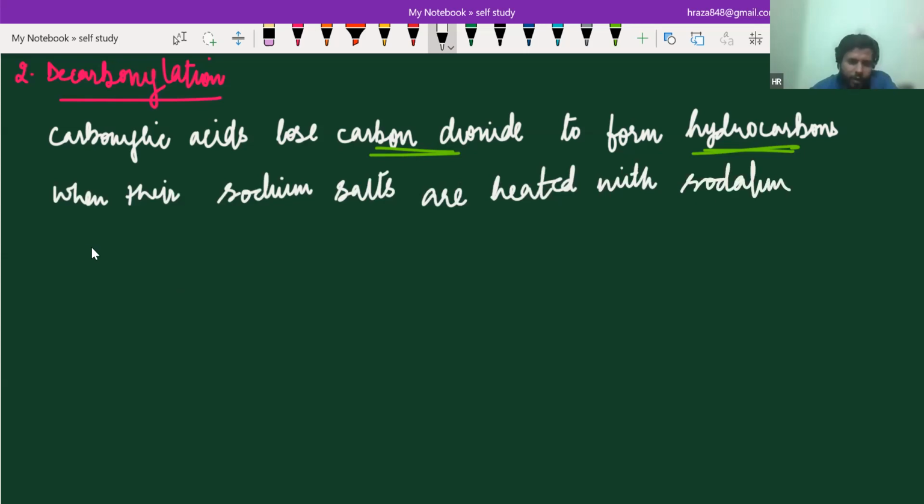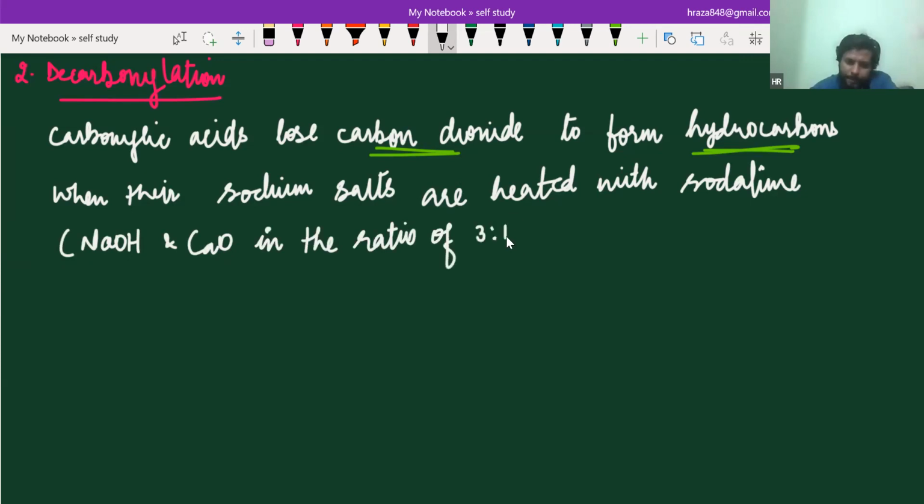What is soda lime? Soda lime is a mixture of sodium hydroxide and calcium oxide in the ratio of 3:1.